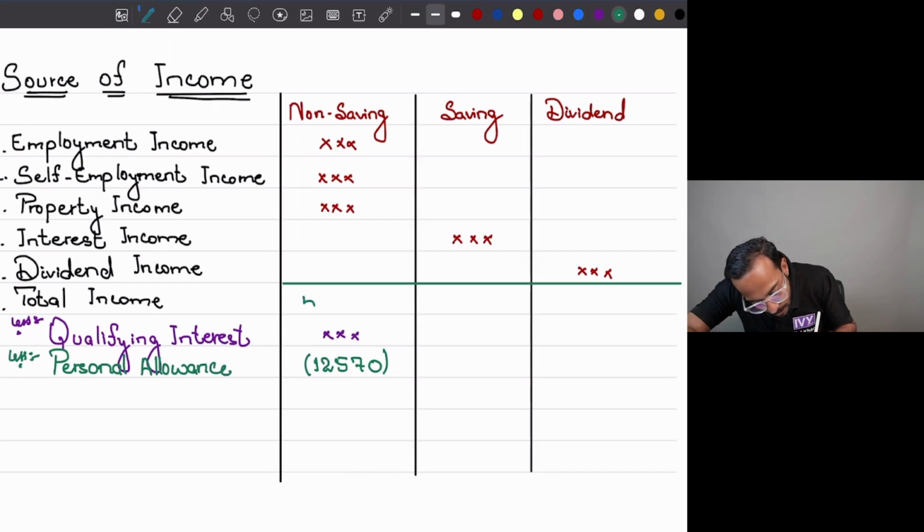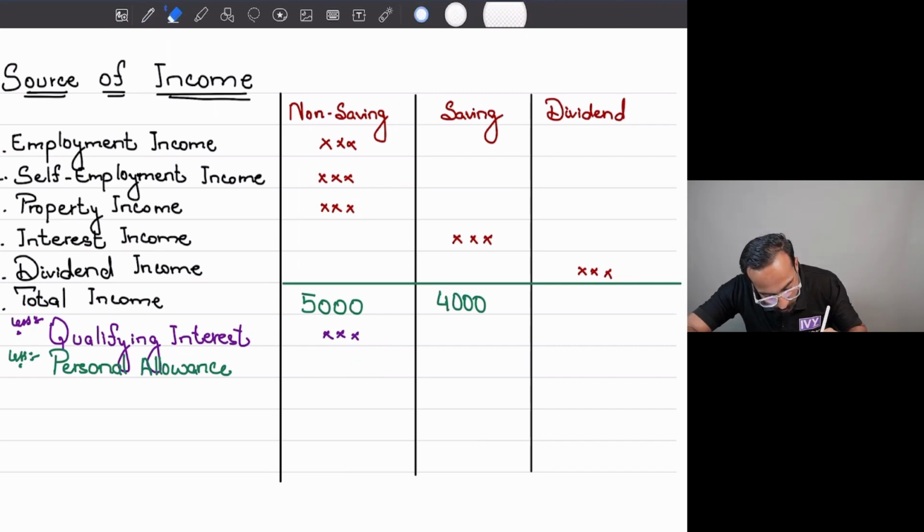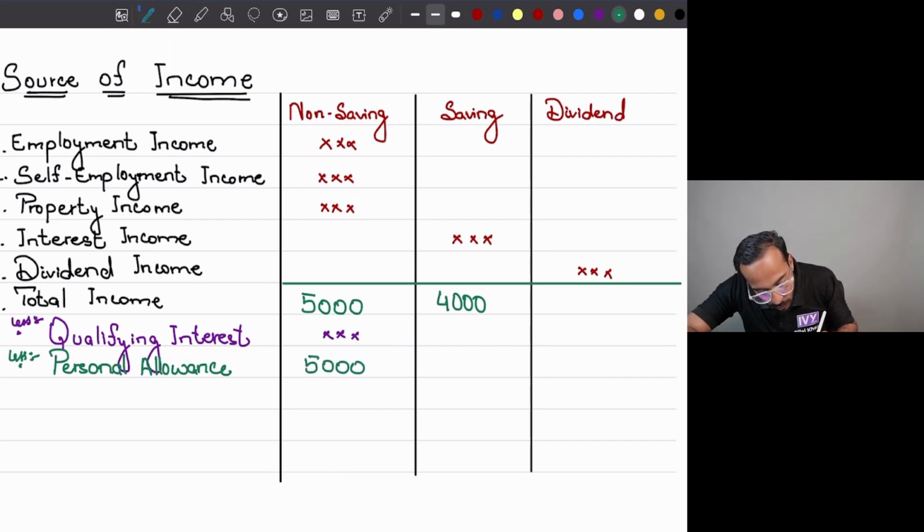Let's suppose it's 5,000, it's 4,000. Got it? There is no qualifying interest. So, how will I use my personal allowance? That's a question. See, I'll deduct 5,000 over here.